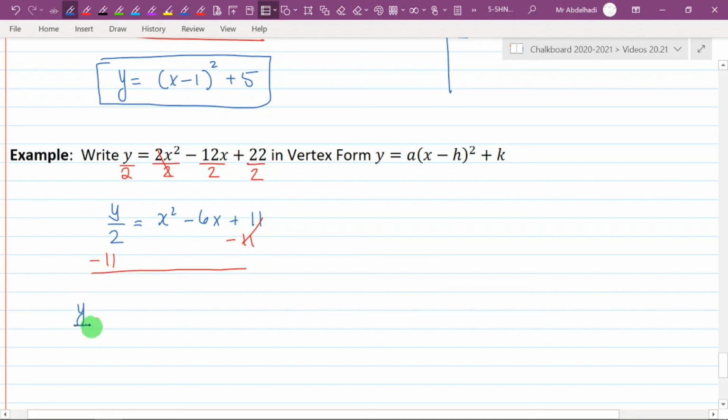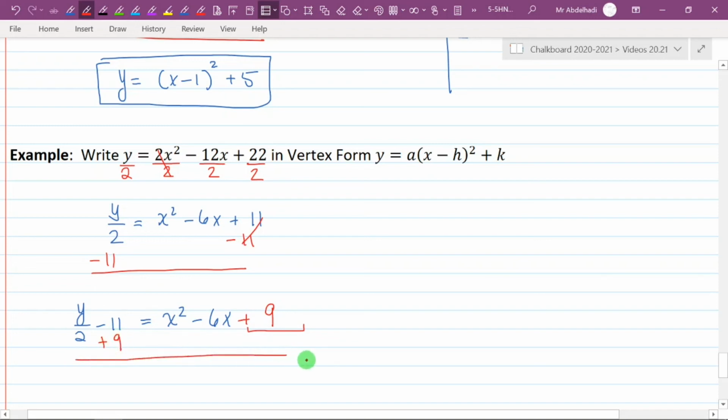So we have y over 2 minus 11, I'm not going to simplify that, equals x squared minus 6x plus blank. It's going to be plus something that we have to figure out. And we already said half of this is negative 3, squared is positive 9. So we need a 9 there. If I'm going to add a 9 to this side, I'd better also add a 9 to this side.